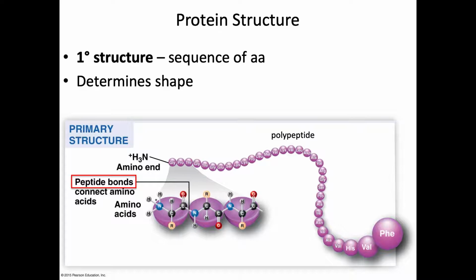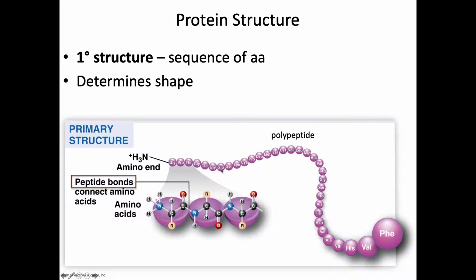So before your protein can become a particular shape, it has to go through these 4 levels of structure. The first level is called the primary structure. And this primary structure is just these amino acids coming together in a certain sequence to code for a certain polypeptide to make a certain protein.